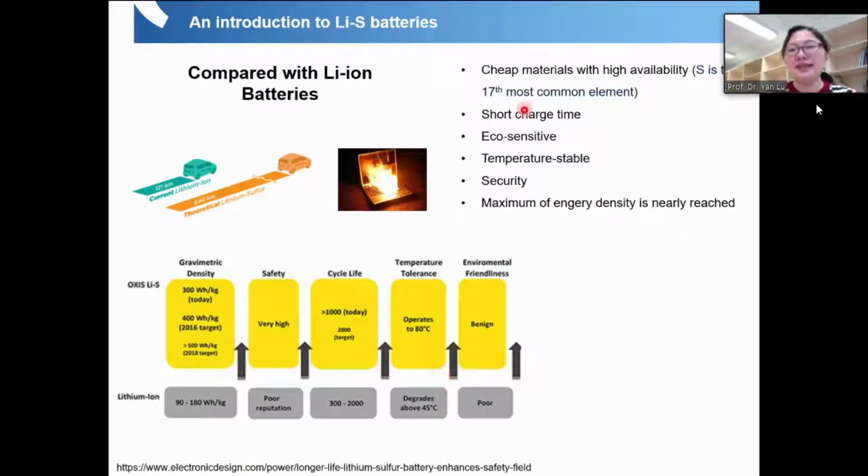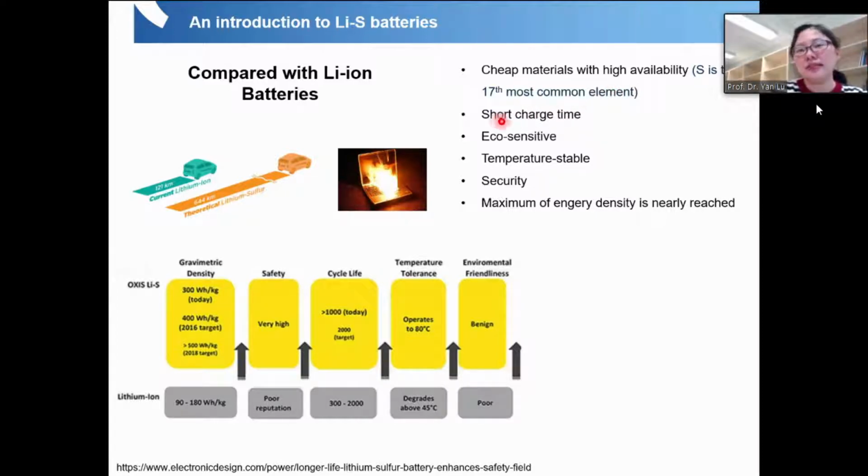So I just give you a short summary. Of course, the advantage of the lithium sulfur battery compared to the commercially available lithium ion battery. As we mentioned already, sulfur is really cheap with high availability. Sulfur is one of the most abundant elements on earth.